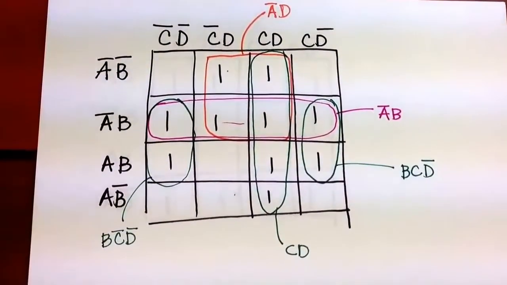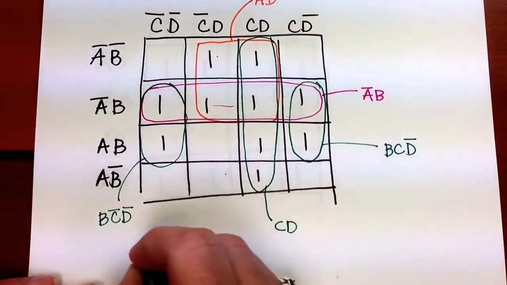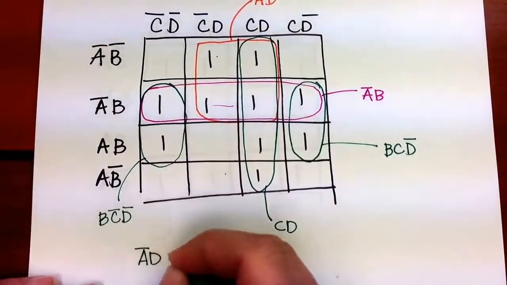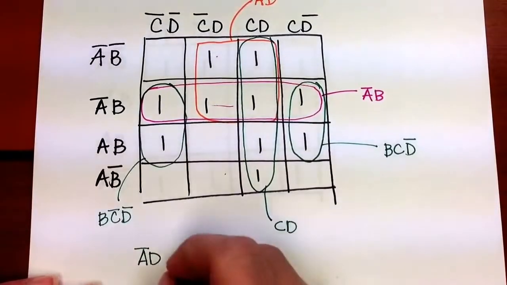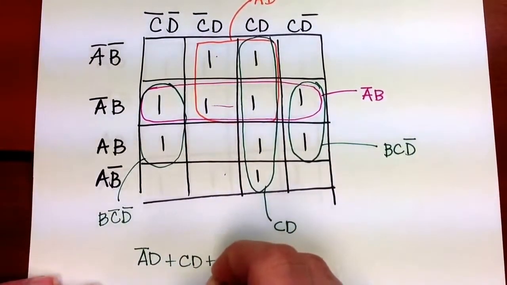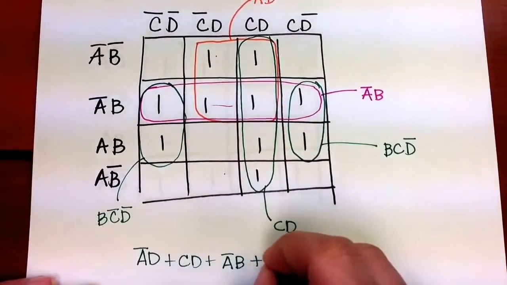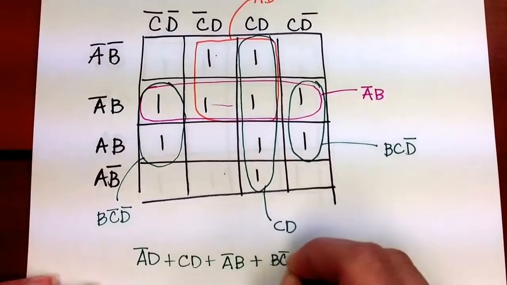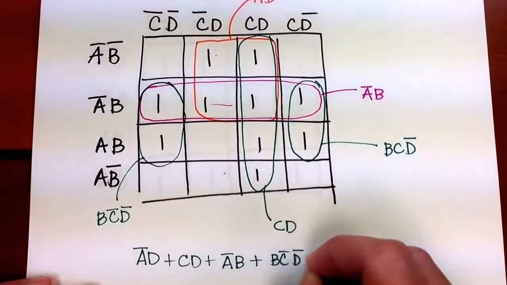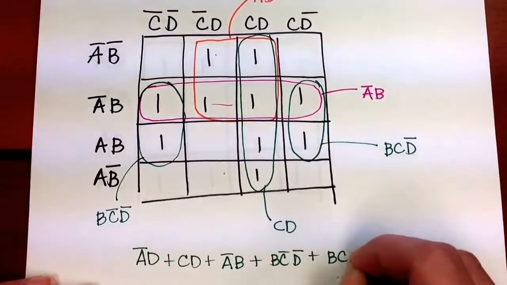So as I write that expression, it would look like this. Not A, D, or C, D, or not A, B, or B, not C, not D, or B, C, not D.